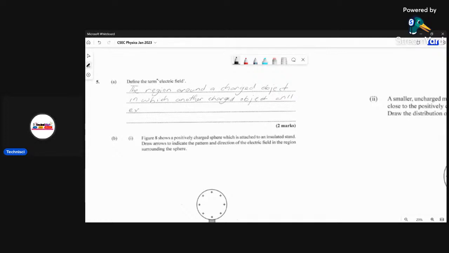And we know our primary school definition, a force is a push or a pull. So it will experience a push or a pull, will experience a force. So the electric field is a region around a charged object in which another charged object will experience a force.